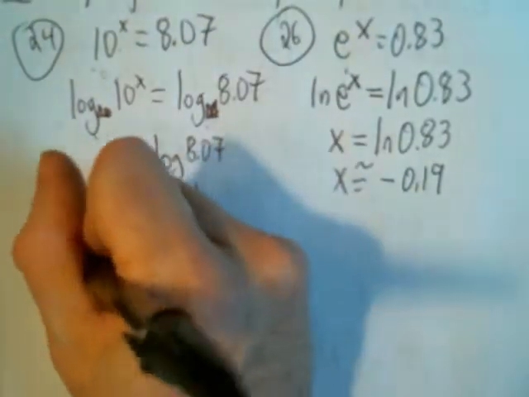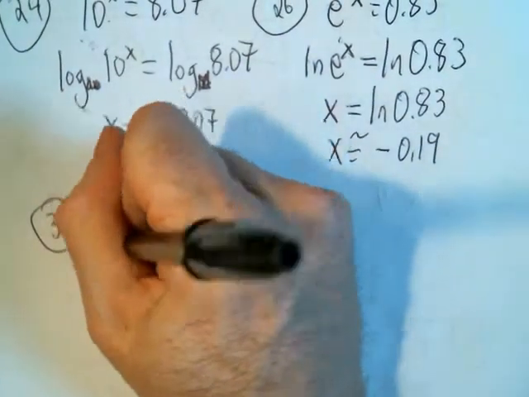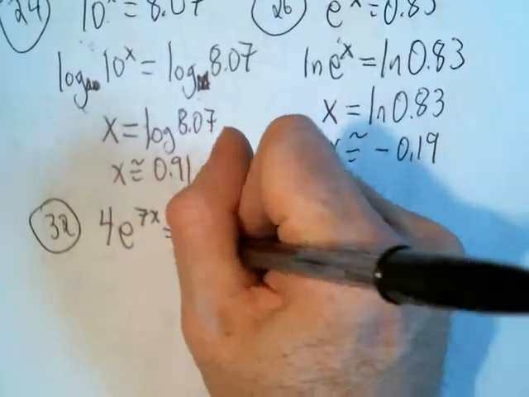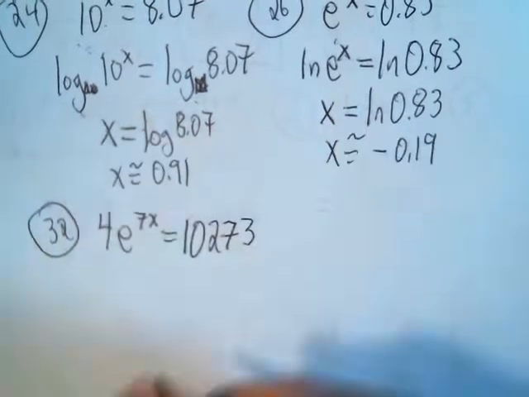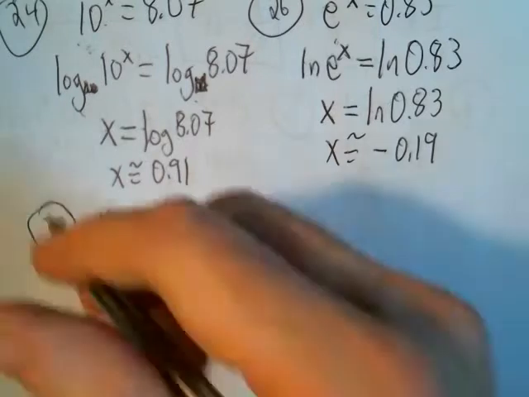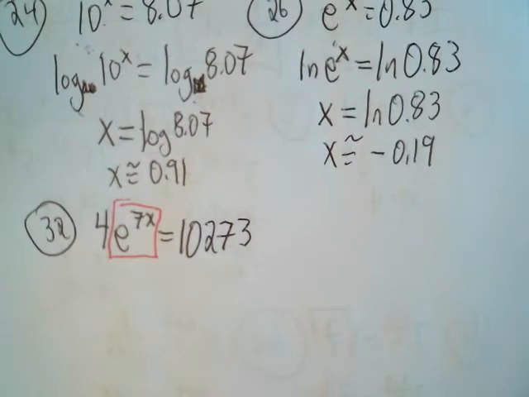Okay, let's look at 32. And in this guy, you need to isolate the exponential term before you can go crazy with your logarithms. Okay, so in particular, I need to first take care to isolate this thing right here.